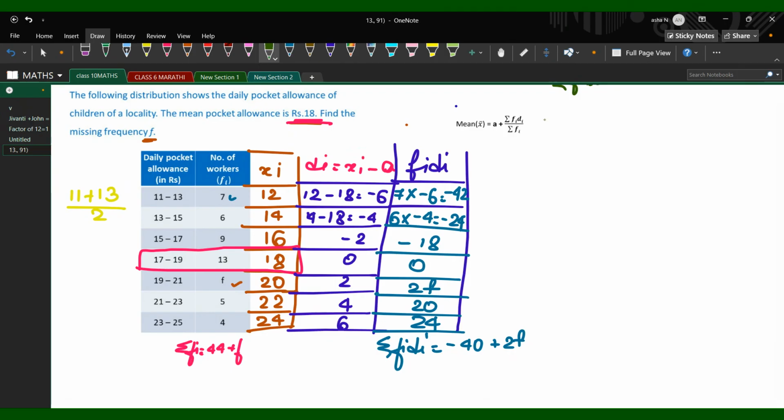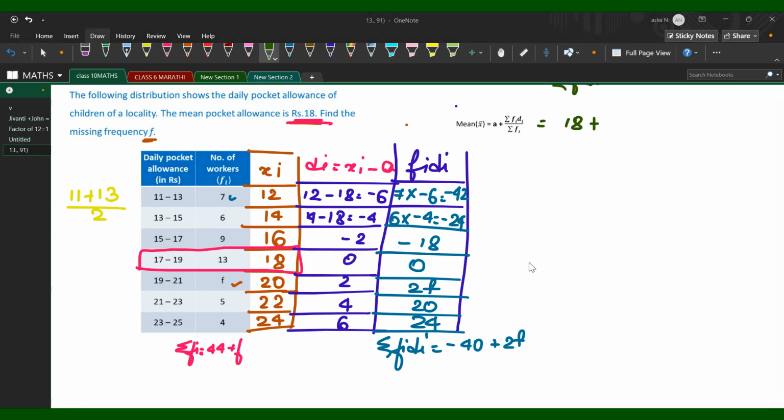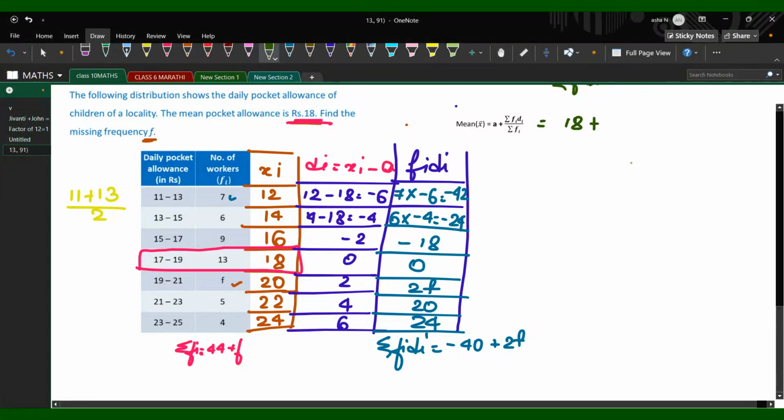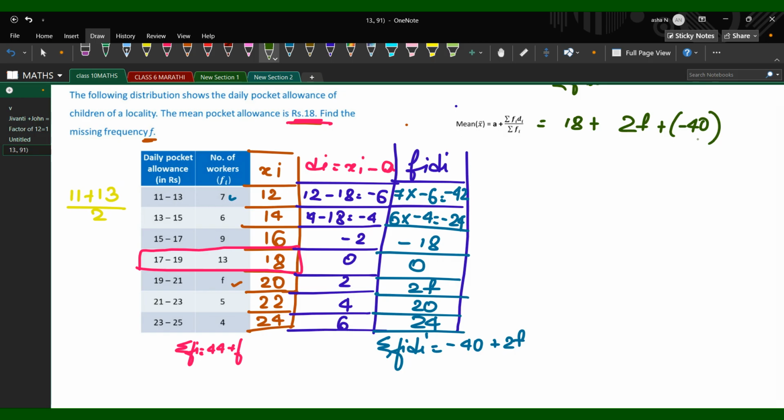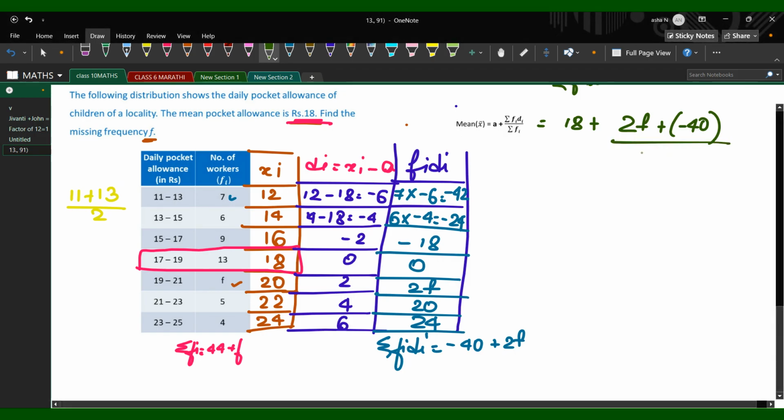Now let's substitute in the formula a, which is the assumed mean, 18, plus the sum of fi di, which we right now got as 2f minus 40, upon f plus 44.